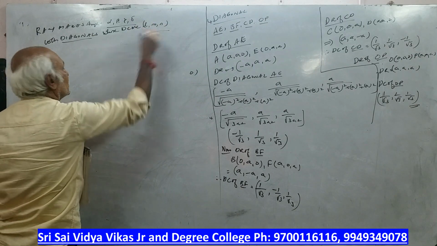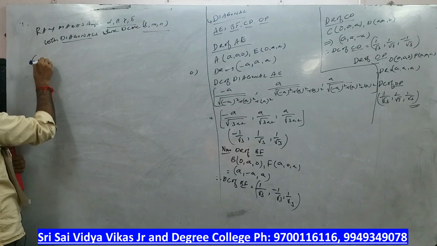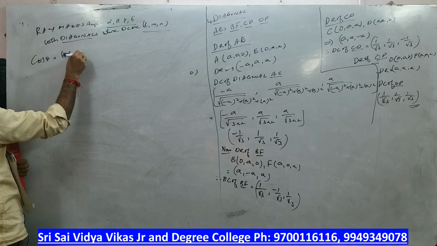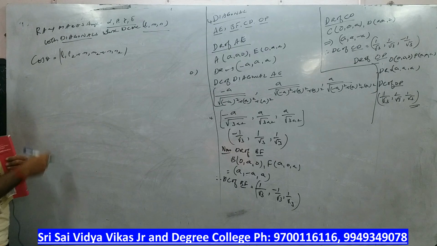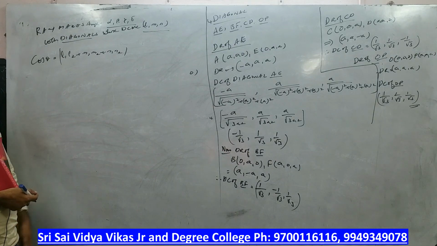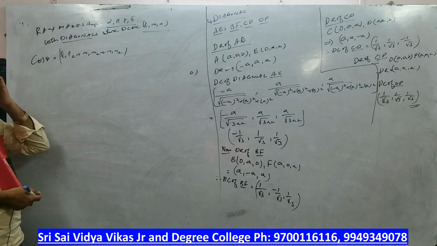This we are assuming. Now, the cos theta formula is l1 l2 plus m1 m2 plus n1 n2. The formula is l1 l2 plus m1 m2 plus n1 n2, cos theta is equal to that.